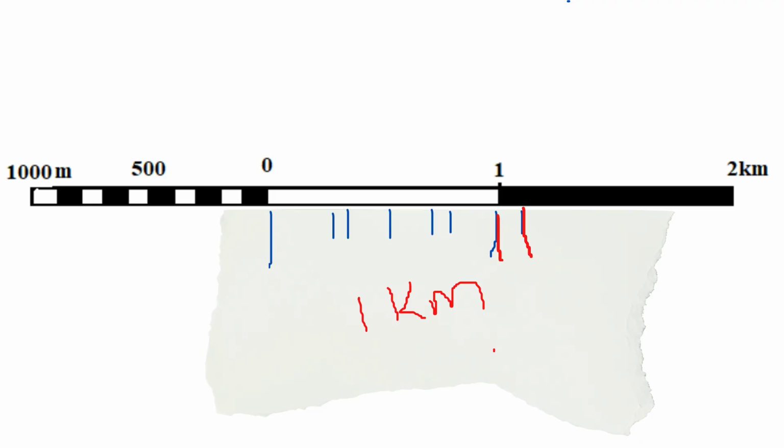Notice when we measure, we see one full whole number, which is 1 kilometer. But notice that we have a little surplus. So we're not finished.